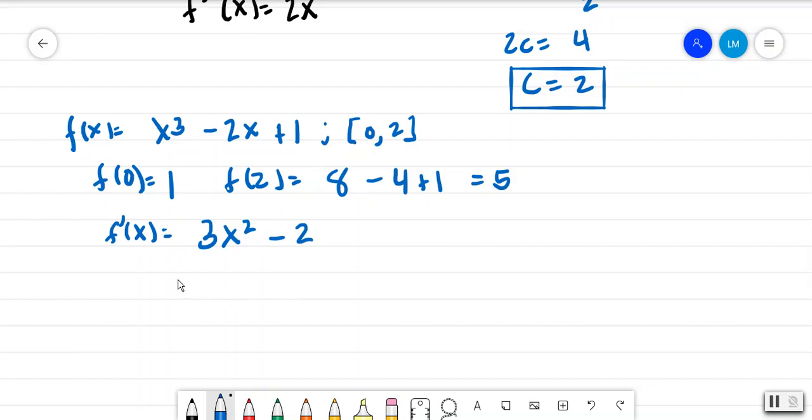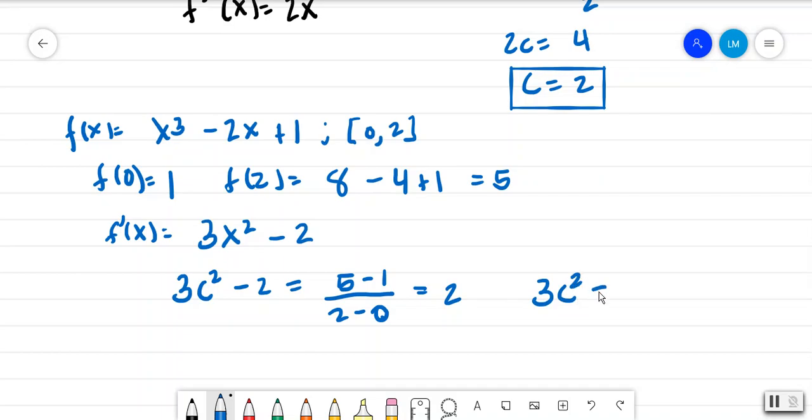Okay, well that means that you have 3c squared minus 2 equals 5 minus 1 divided by 2 minus 0. But this is really just 2. So that means that 3c squared equals 4.